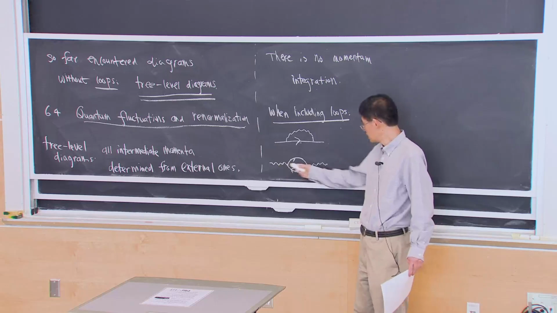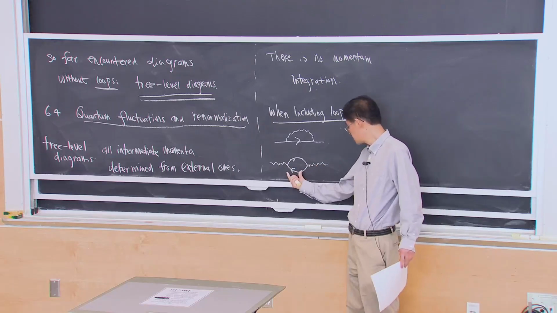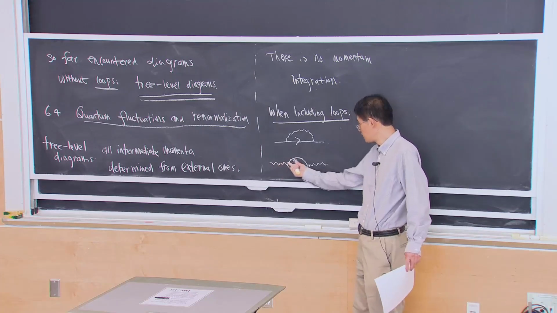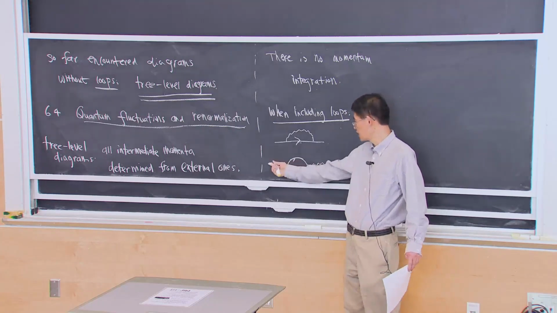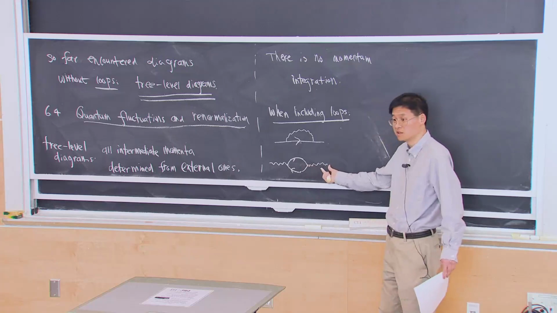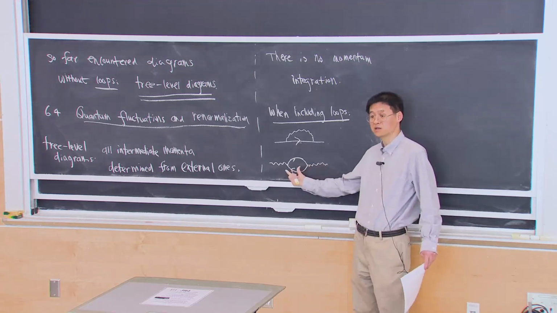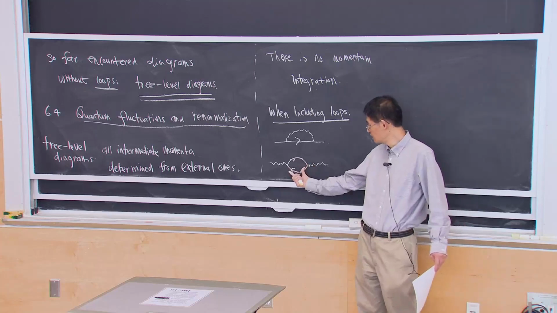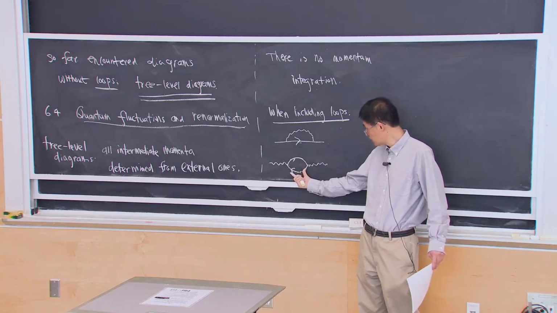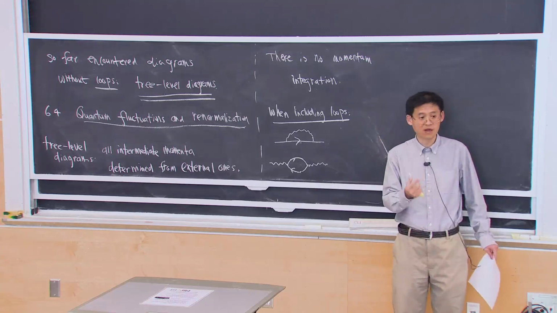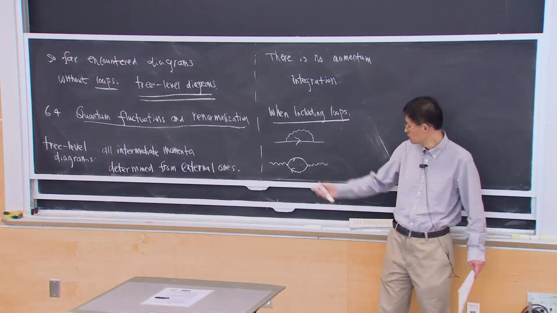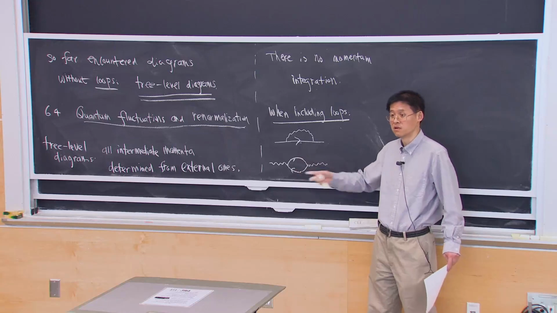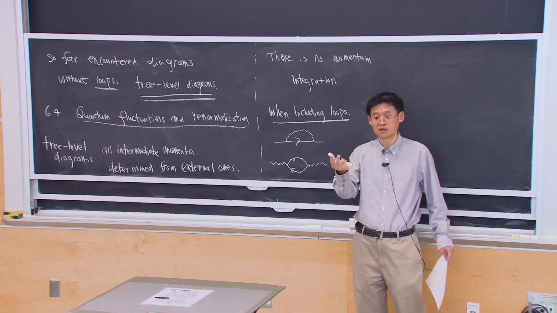This is again a correction to the simple propagation of a single photon. The initial state is still one photon and the final state is still one photon, but something happens in between. You can interpret it as vacuum fluctuations. Both the electron and positron here are completely virtual. There are no real electrons you can detect.